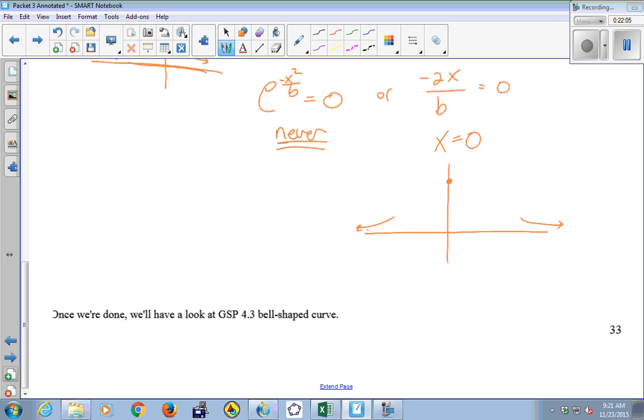So it has to be a max. Because it's an e to the x function, it's never going to be negative. E to a negative, e to 0, e to a positive, e to a fraction, always going to be positive.